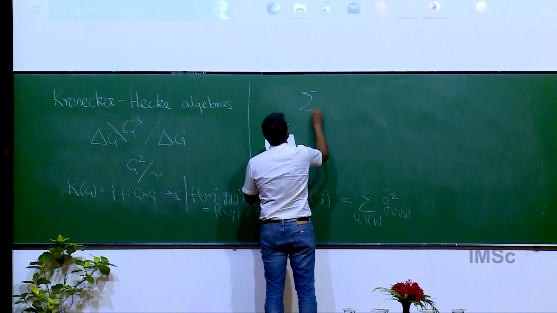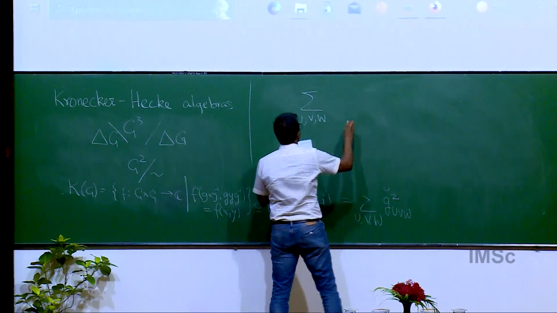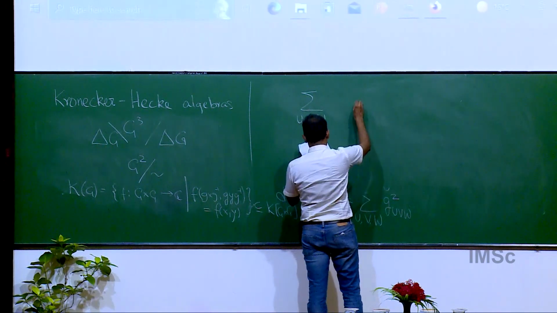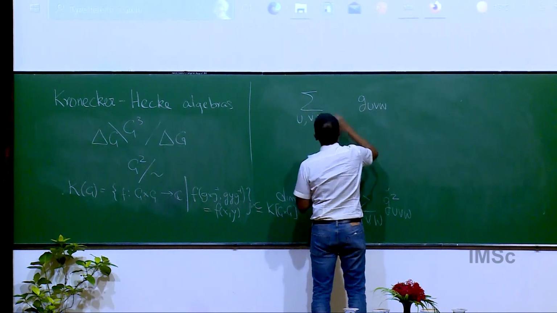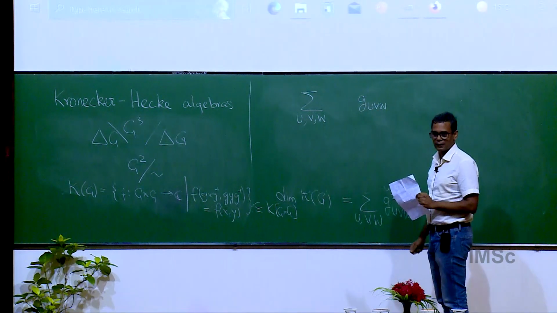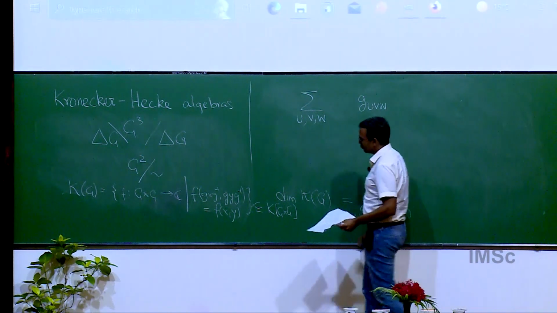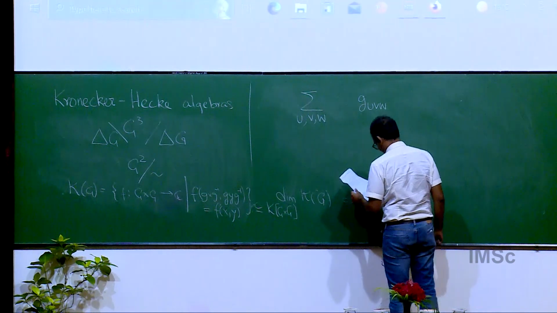So, summation over U, V, W. Now, I asked Ramgoolam, do you have a formula for g(U, V, W) if I don't want the sum of squares, just the sum? And he said, yes, I do. They are in fact some of these things which are fixed by an involution.